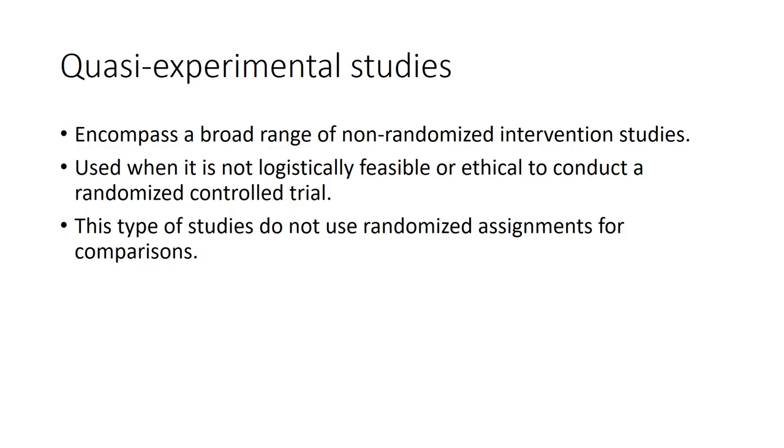So it's a hybrid system. It's used when it's not logistically feasible or ethical to conduct a randomized controlled trial. This type of study doesn't use randomization. That's why it has a lot of weaknesses and bias, as we can see now.